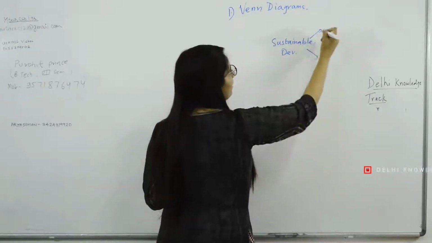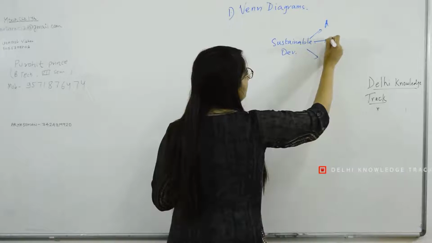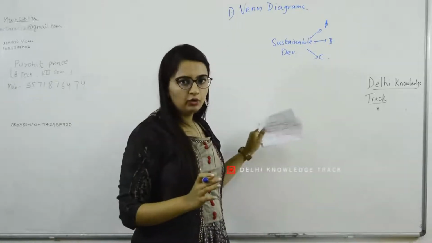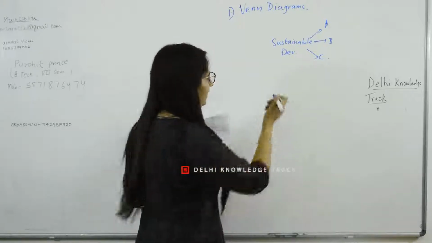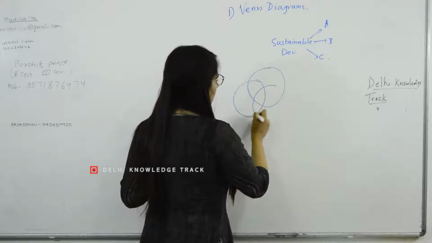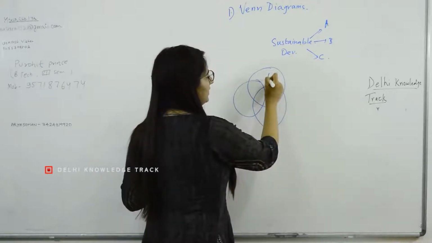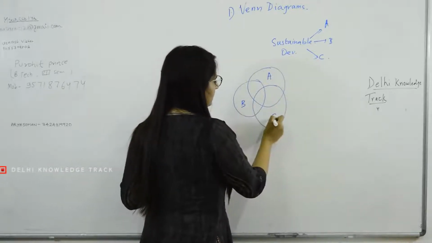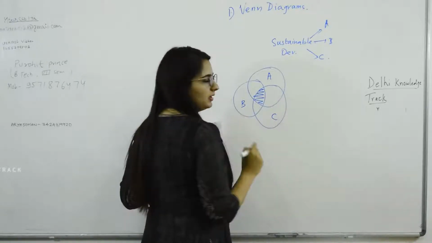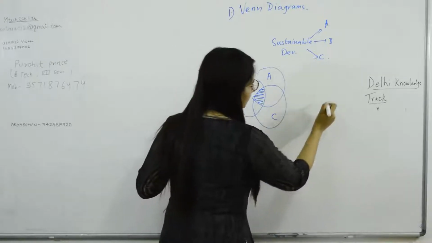Let's say A, B and C are the components. I am giving a very general ABC approach so that you can follow this in any place. So what I can do is make Venn diagrams like these. So this is A, this is B, this is C, and the intersection of all these will come here.